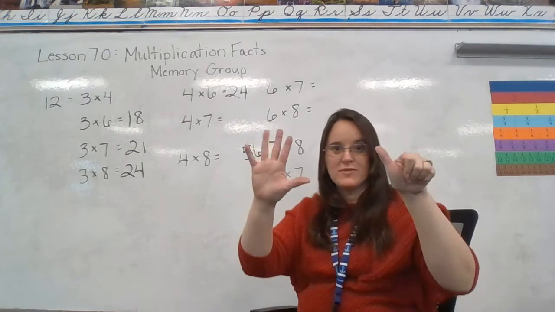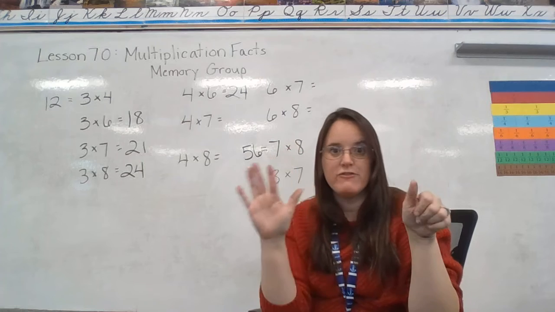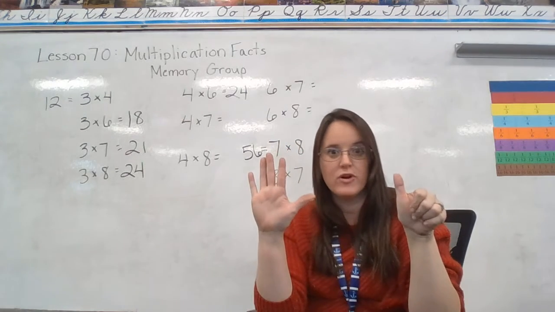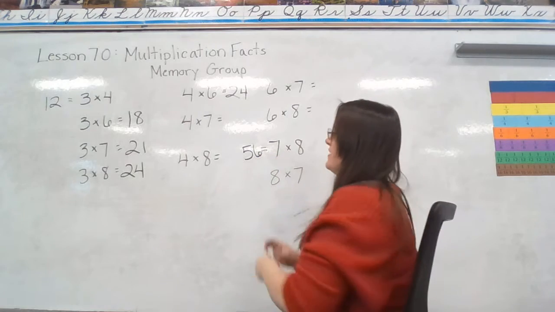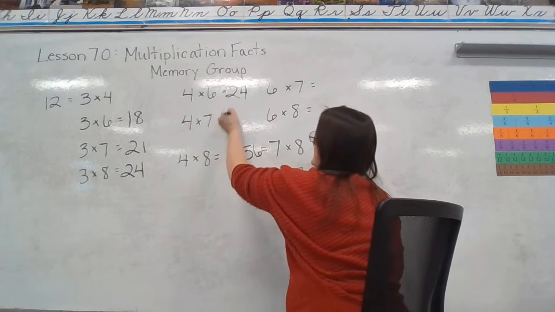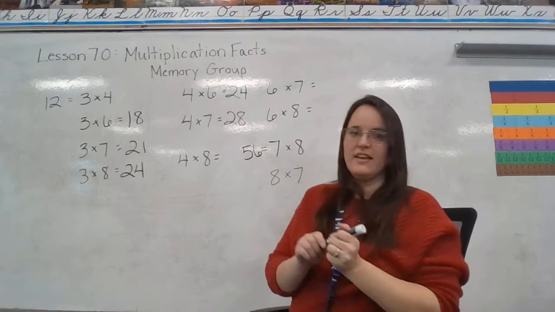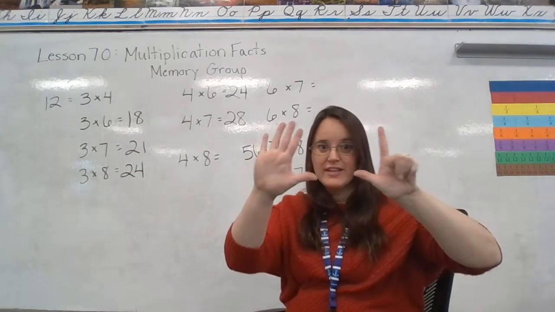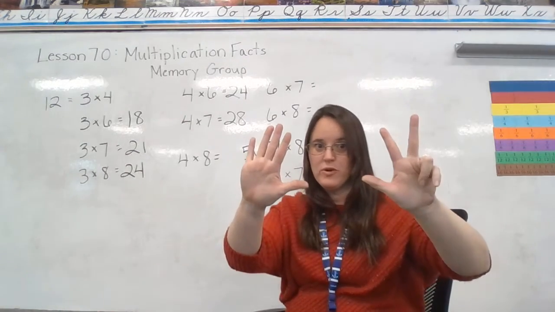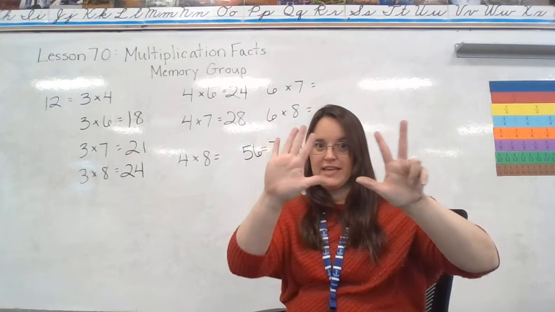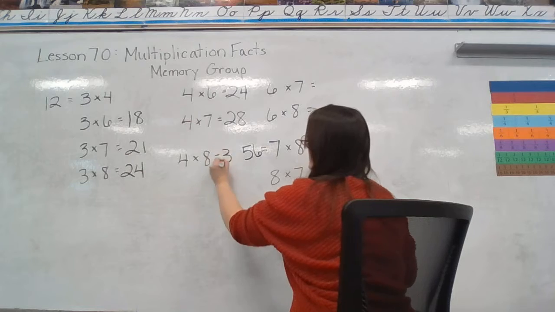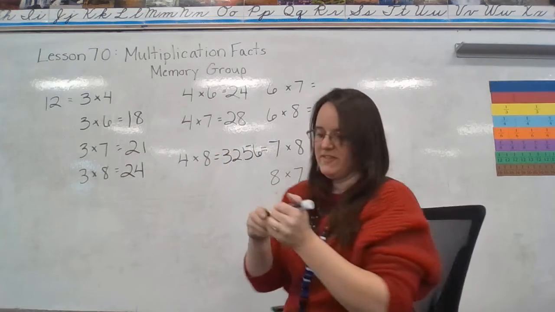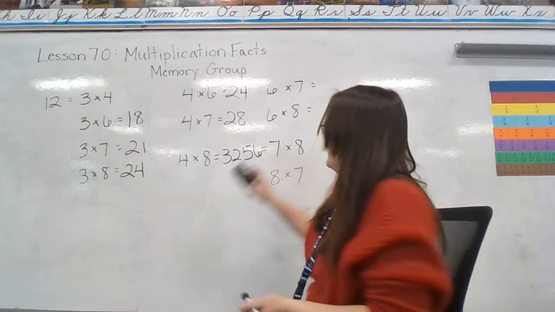So just like with the 3s, we've got a little count by 4 pattern going on. We were at 24. We need to add one more group of 4. So that's going to give us 28. 4 times 8, we were at 28. We need one more group of 4. 28 plus 4 would be 32.